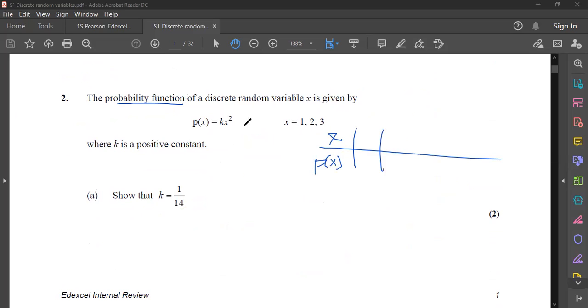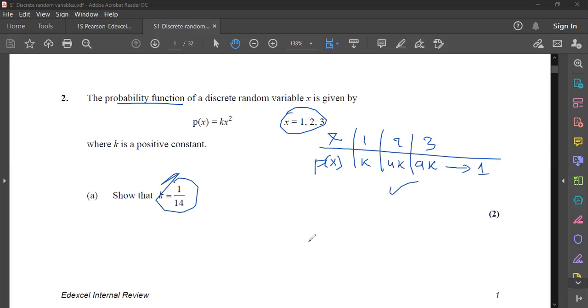We have 1, 2, 3, three x's. There is nothing else. And kx squared means k times 1 squared, that's k, k times 2 squared, that's 4k, k times 3 squared, that's 9k. As you know, the sum of those is equal to 1. Then you can find your k, which is equal to 1 over 4.